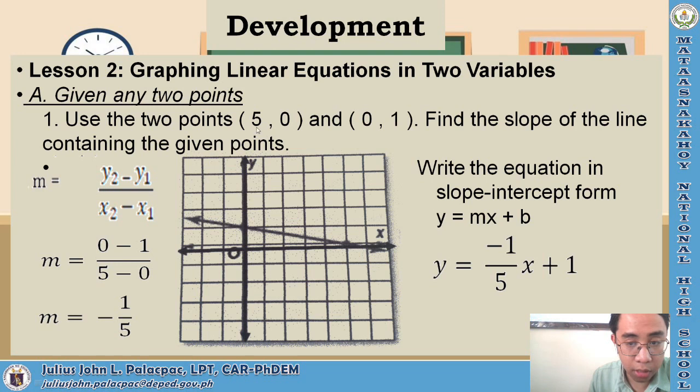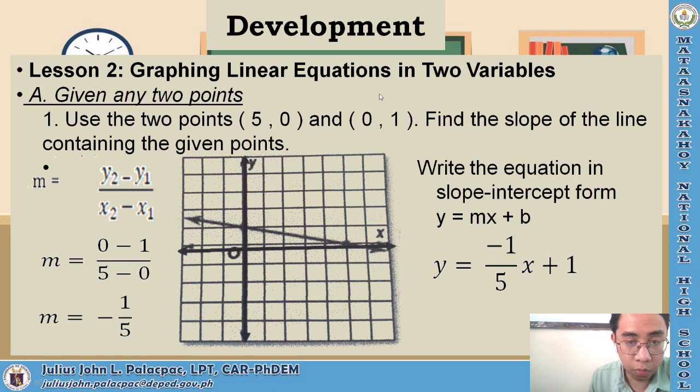The point here is (5, 0). So we have 0 here, the origin, and then 1, 2, 3, 4, 5 for the value of x. The value of x is positive 5, so we will go to the right: 1, 2, 3, 4, 5 here.